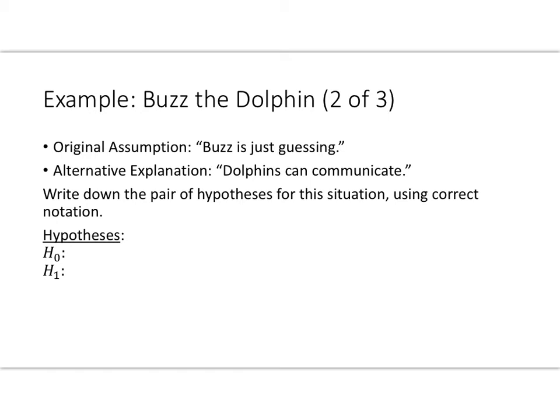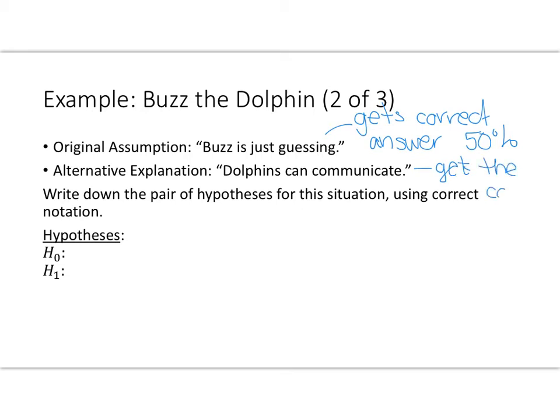So what we want to think about is that if Buzz is just guessing, then he should only get the correct answer 50% of the time. If dolphins can communicate, then he would get the correct answer more than half.